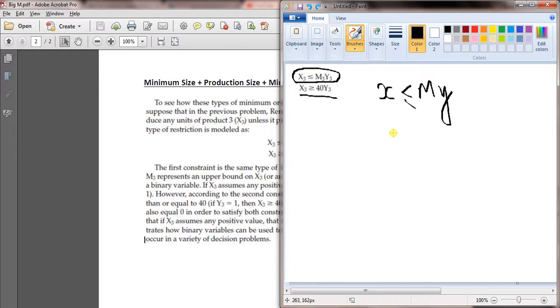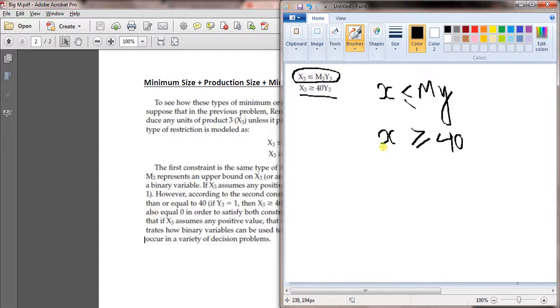There is a minimum requirement. For that, we need to use another equation, like x has to be greater than or equal to 40.